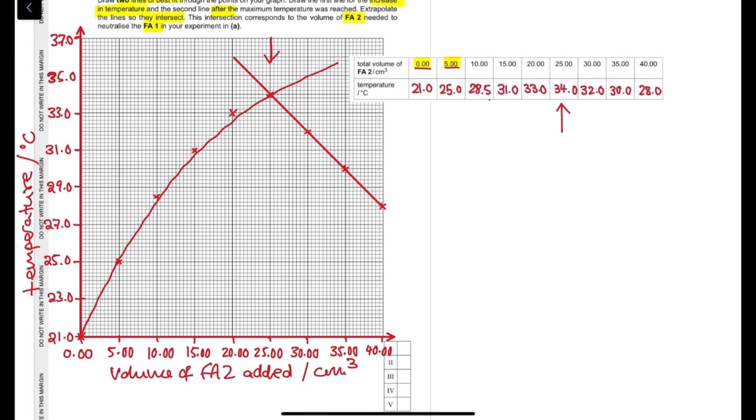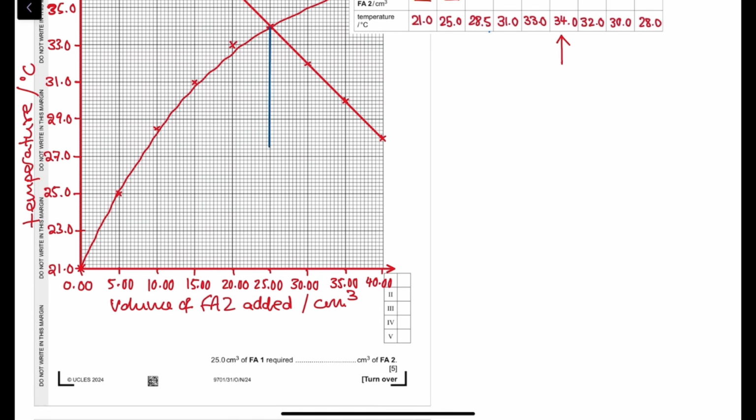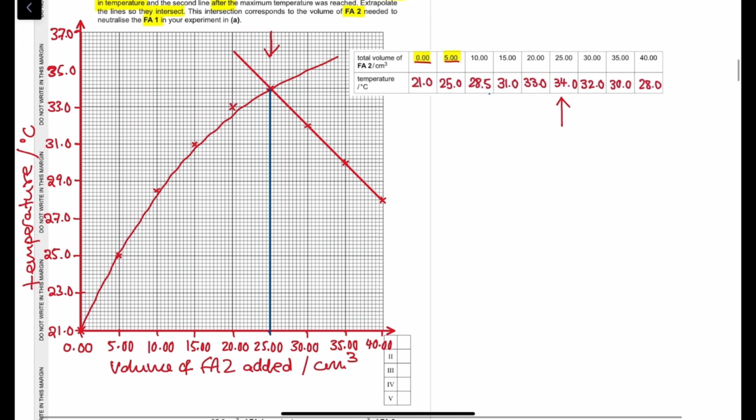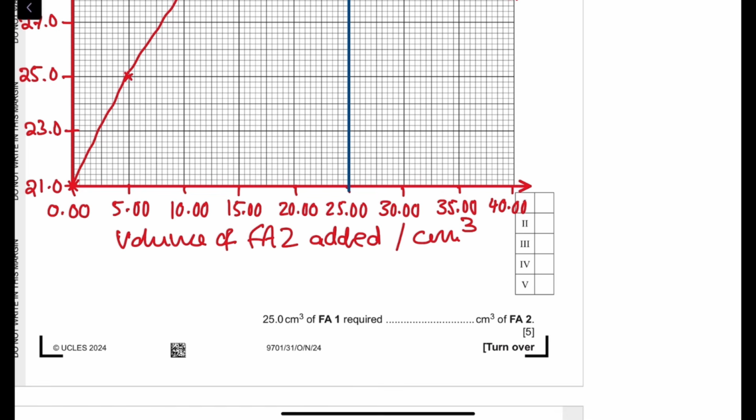As you can see, they both intersect at 25 centimeters cubed, because if we draw a line downwards from the point that they intersect, we meet at 25 centimeters cubed. Therefore, 25.0 centimeters cubed of sodium hydroxide requires 25.0 centimeters cubed of sulfuric acid.